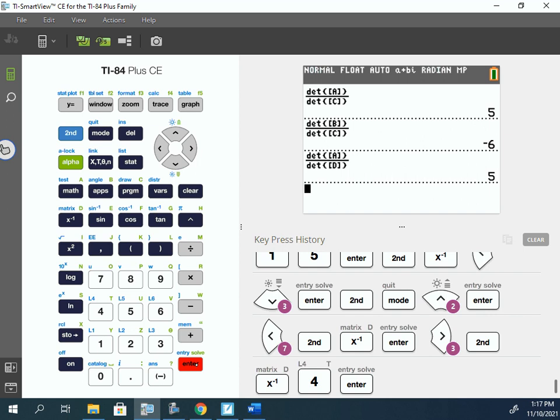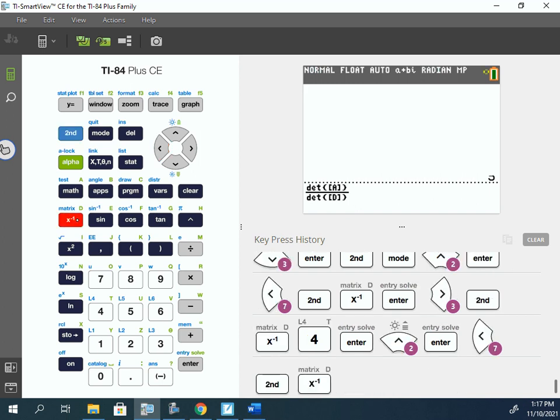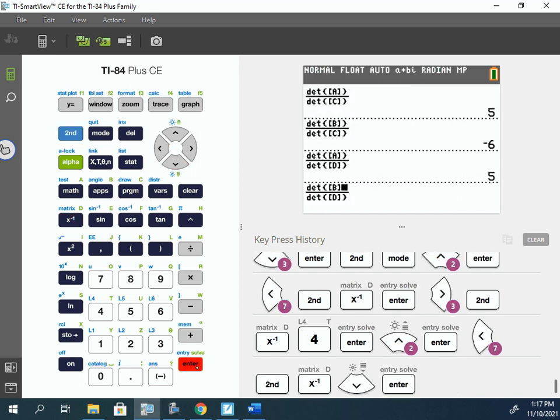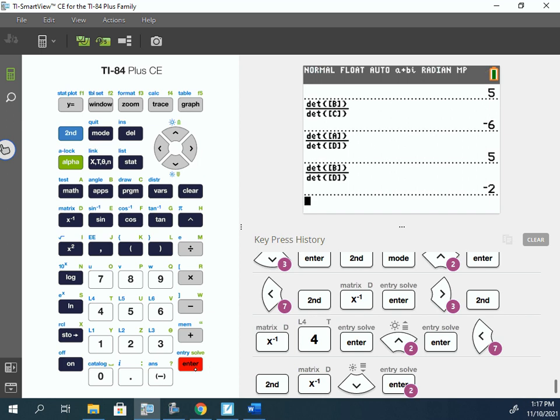Well, to find the value of y, we can edit this here. Second matrix, and now we're going to look at B, and we can hit enter, and you would get -2.